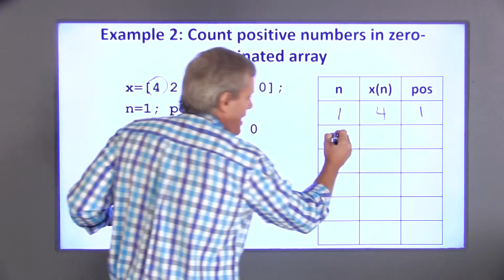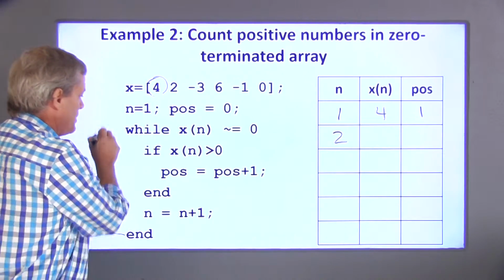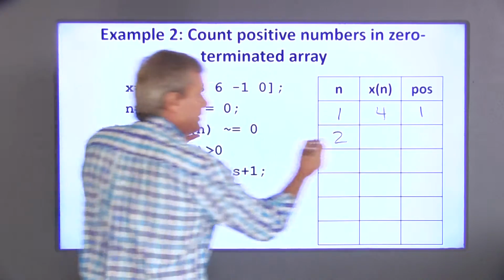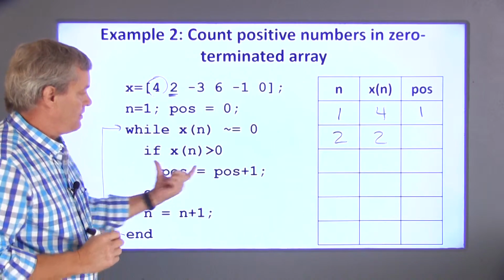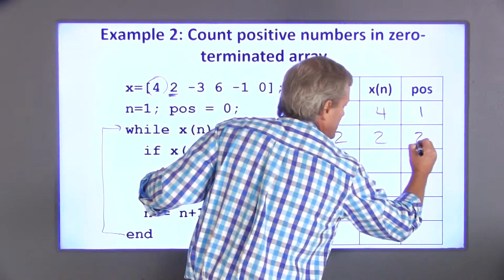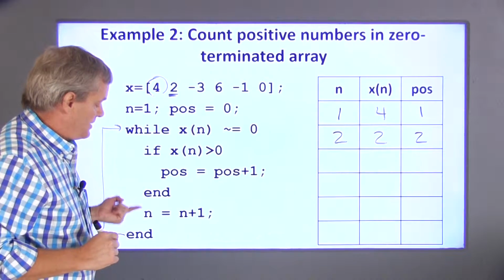I increment n, 1 plus 1 is equal to 2, get to the end statement that's associated with the while loop. X of 2 is 2. 2 is not equal to 0, so I go in here. 2 is also greater than 0, so I add 1 to POS, and I found 2 positive elements so far. That finishes my decision.